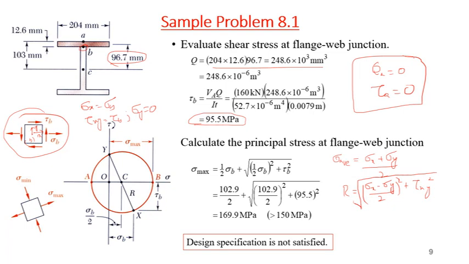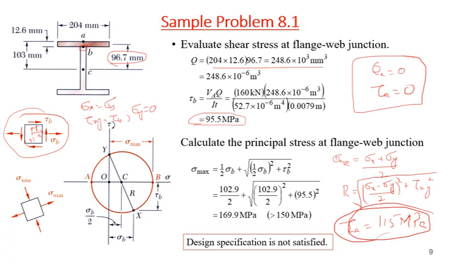Okay. Now, if we put in the values, the maximum normal stress in this case is 169.9 megapascal. Whereas at the top surface, tau A was 115 megapascal, so that was within the limit.